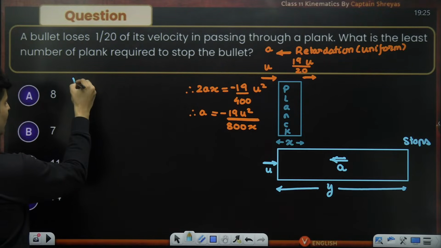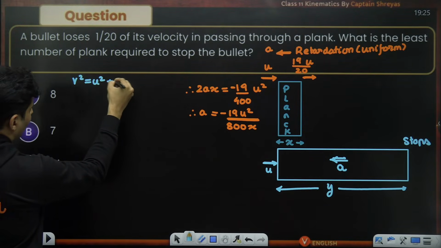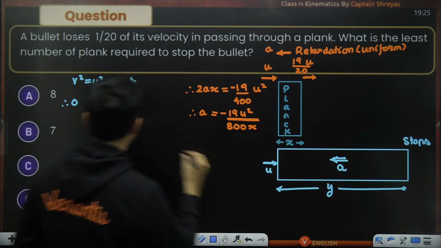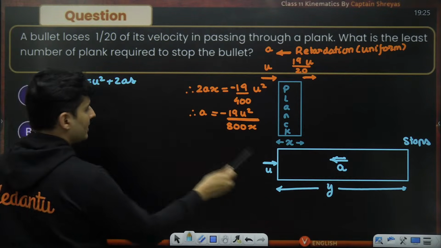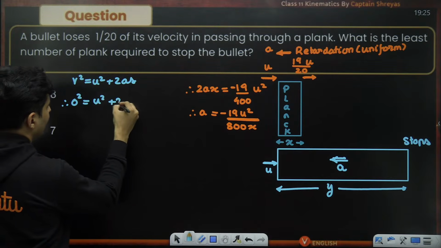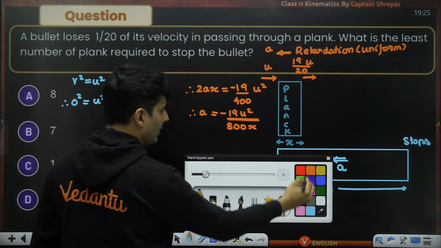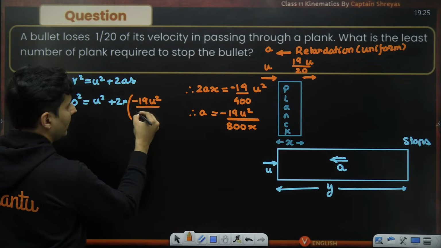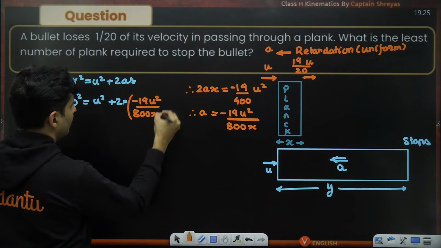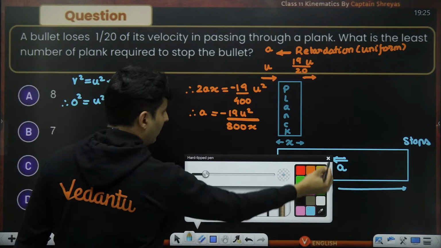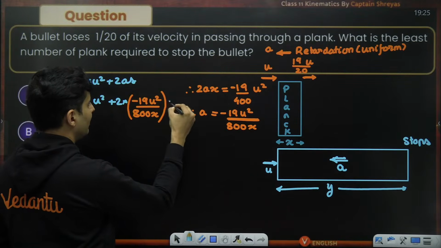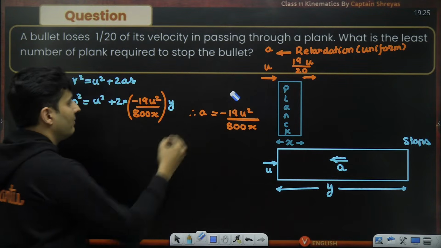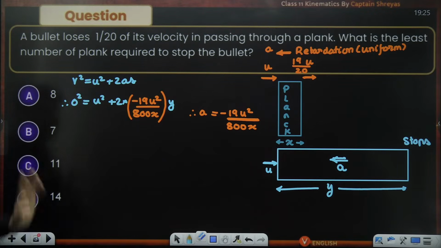Again, use v square is u square plus 2as. Final speed is 0. Initial speed is the same speed. Acceleration, I can use from here, which is minus 19 u square divided by 800x, and multiply it with the displacement, which is nothing but y. So I'm just using that retardation which I found over here as it is.